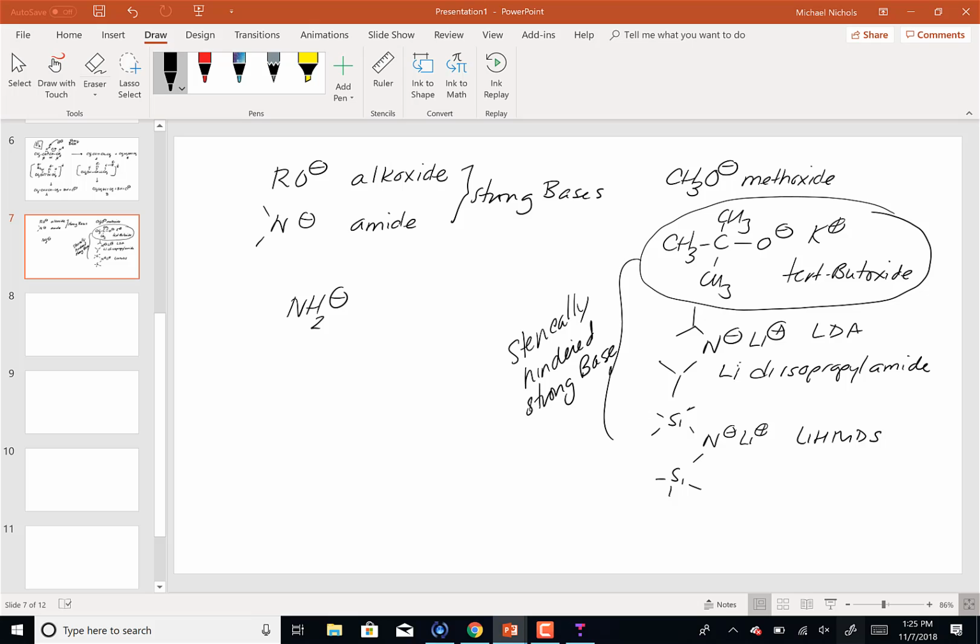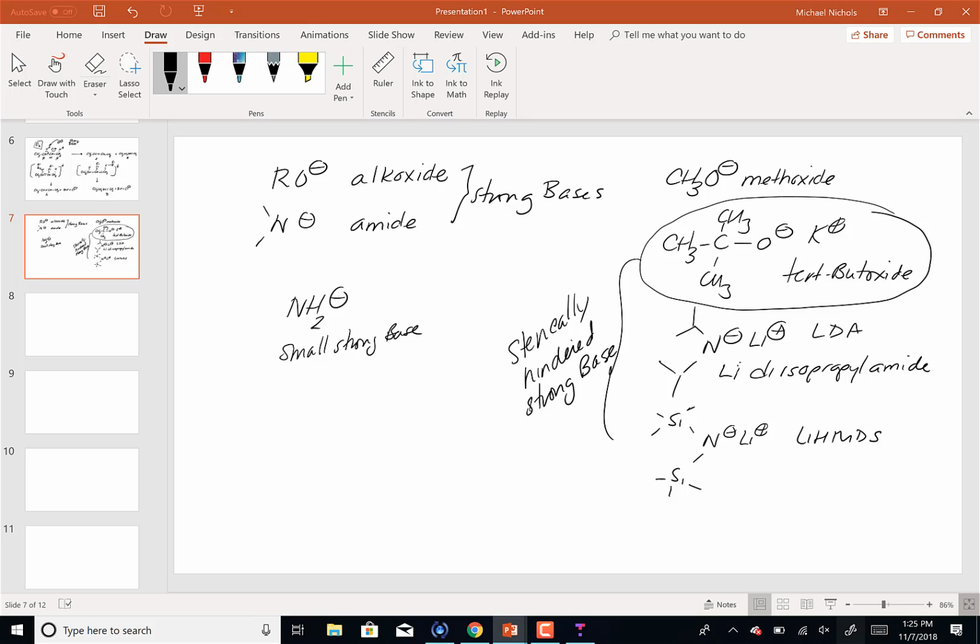So we're going to use it as the opposite, our small, strong base. So I'm going to have two options here. I can use a sterically hindered strong base, or I can use a small base. And the reason for me doing that is because I'm going to be able to form different products using these two different bases.